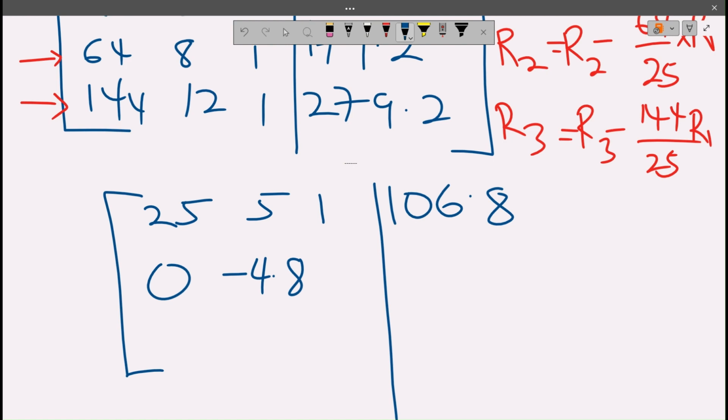We also have 1 minus 64 on 25 times 1, which is going to give us negative 1.56. Then on this side we are going to have negative 96.208.